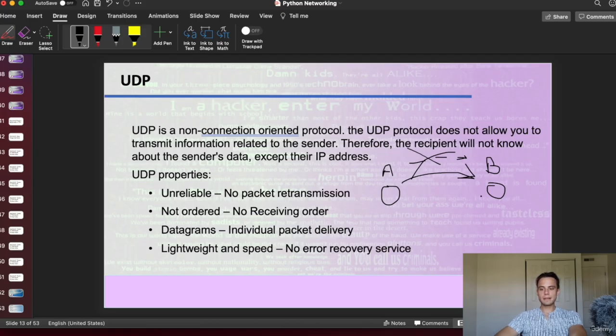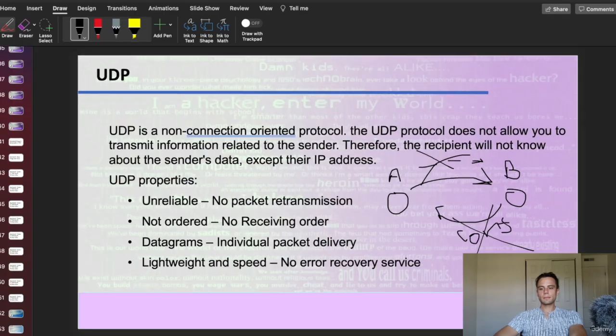On its side, B doesn't actually need to send a confirmation to machine A. So here we don't have any confirmation, and basically UDP simply sends information from one user to another without the need to have any confirmation.